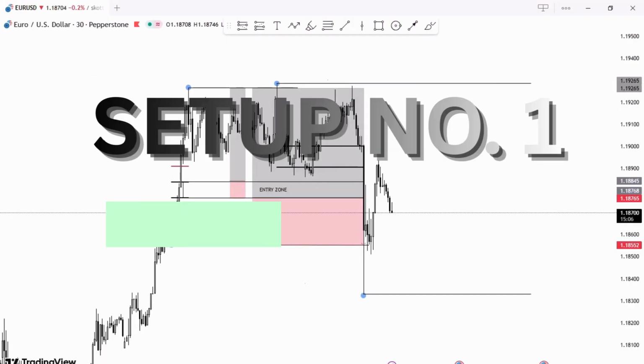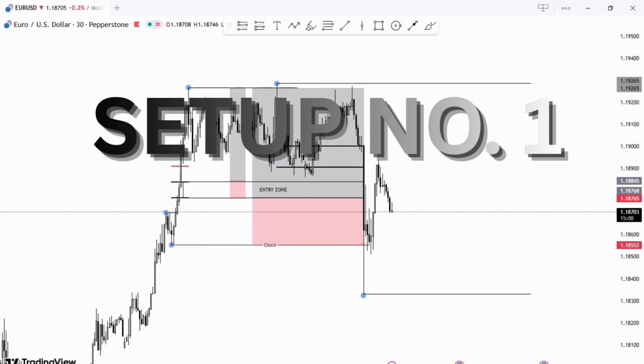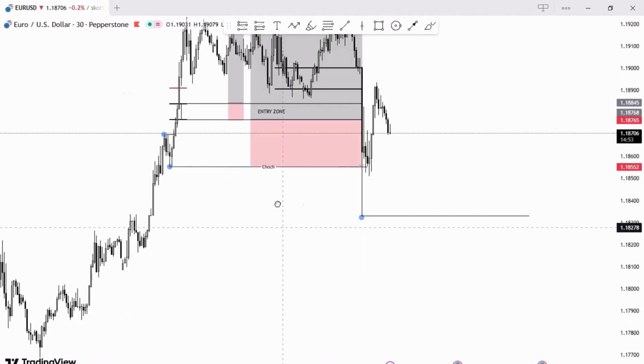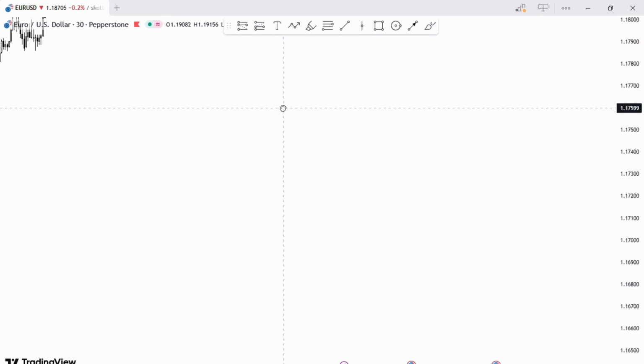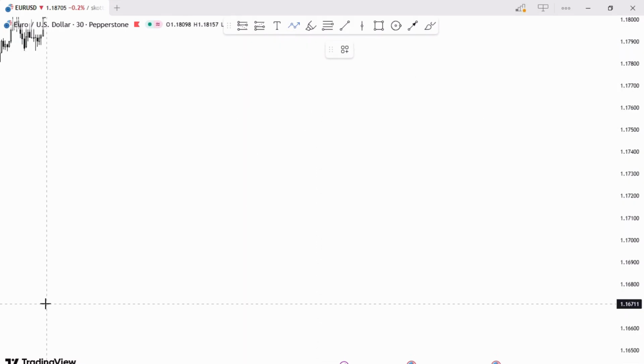So this is the Euro Dollar on the 30 minutes time frame, and what we're looking at is a trading setup I call the bullish continuation. Let me show you the difference between the two setups that I always trade. In a bullish market, I want price to create a higher low, a higher high.